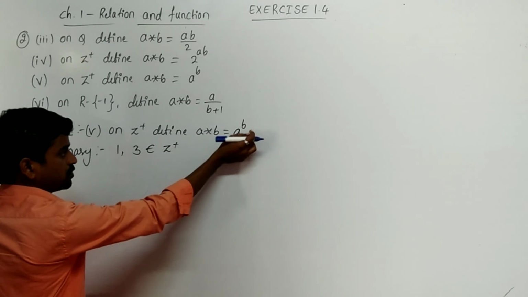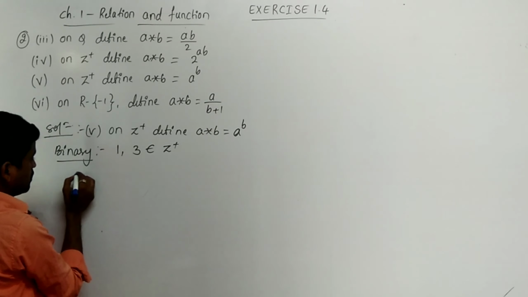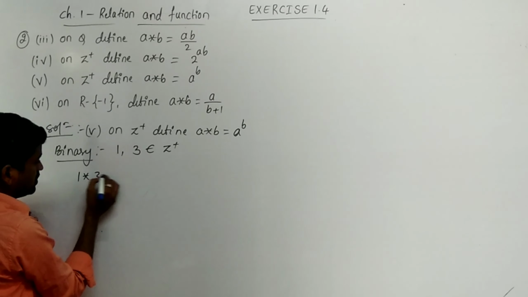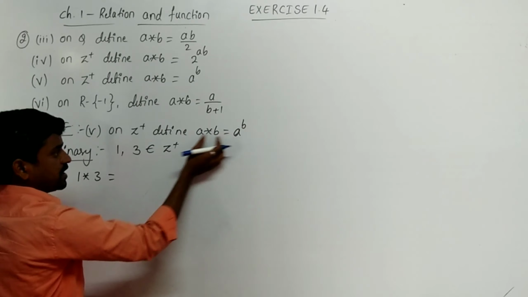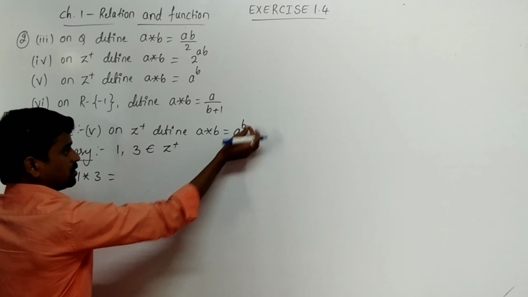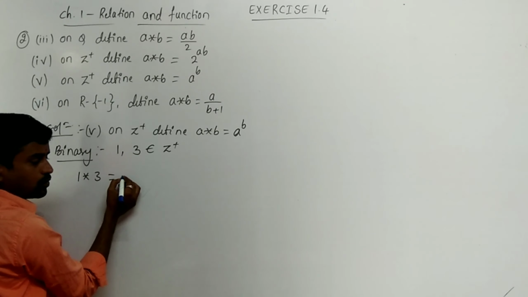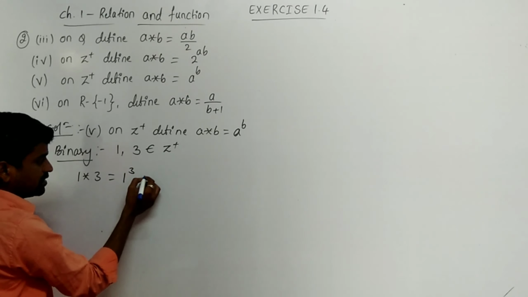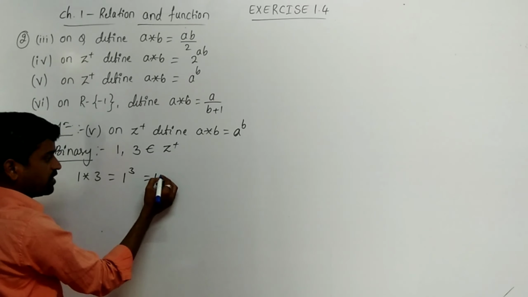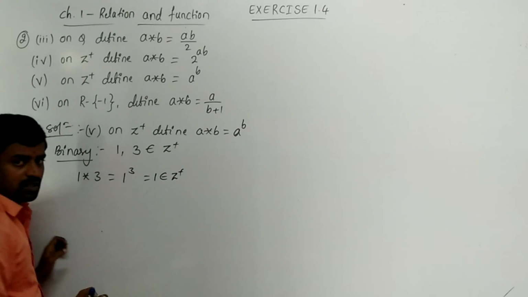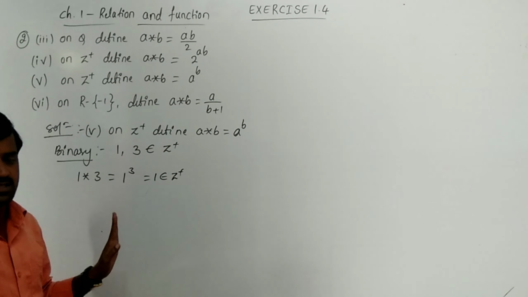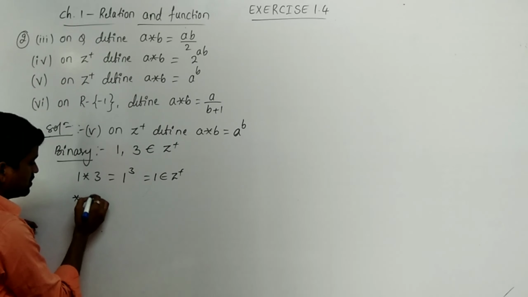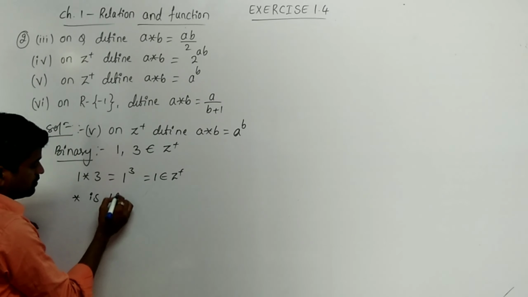Operation A star B equal to A to the power of B, so 1 star 3, 1 to the power of 3 is 1. 1 is also a positive integer. Therefore, the operation star is binary.